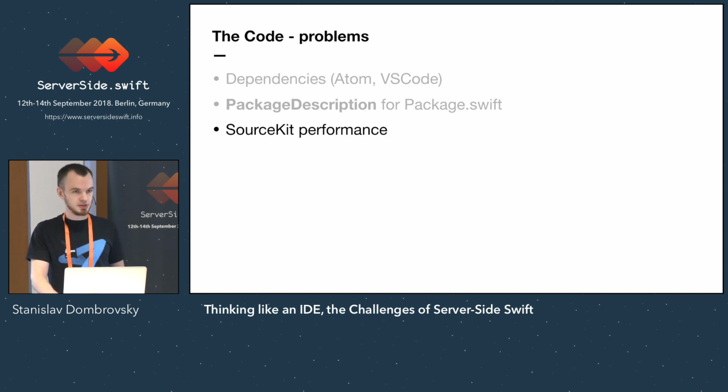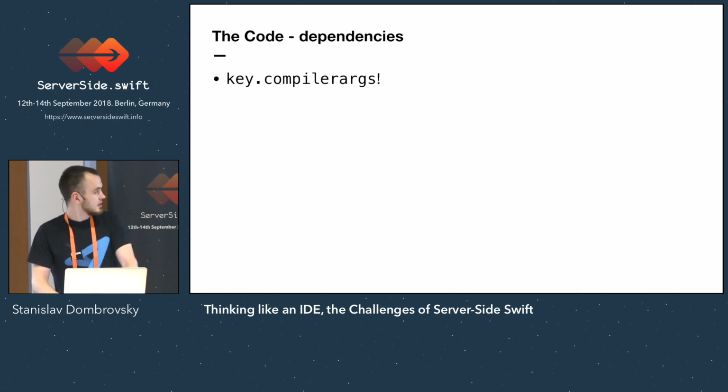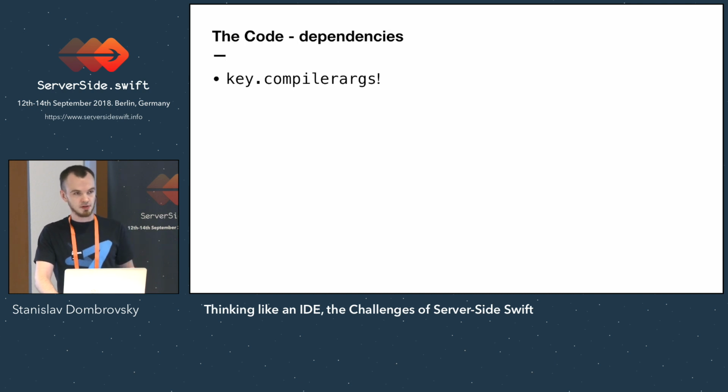When preparing this talk, I needed to investigate all these issues just to see how all these integrations are intended to work, because the goal was not to say something like, this doesn't work. And how they are intended to work is totally okay, but they miss such an important thing as compiler arguments. For the SourceKit to work, you need to submit a totally correct set of compiler arguments, the same compiler arguments that the Swift compiler uses for building the specific file.